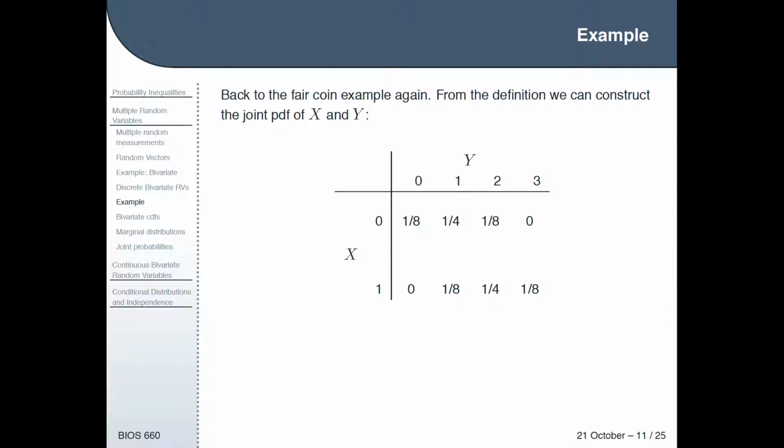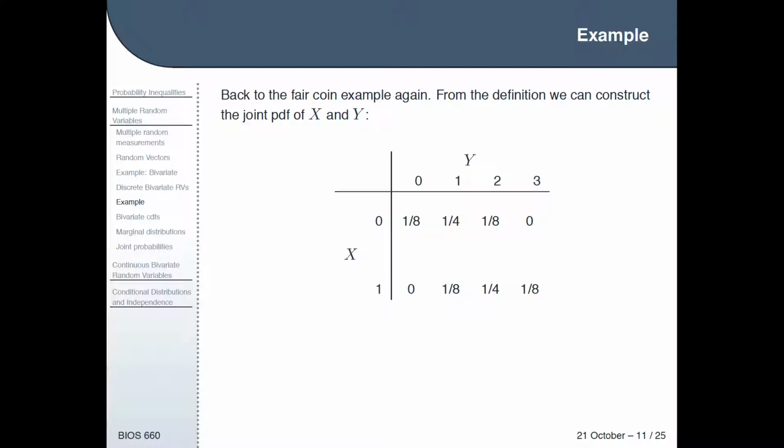Y equals 2 is 3/8, etc. You may recognize that's just a binomial distribution with n equals 3 and p equals 1/2, which, again, it should be because we're just tossing a coin 3 times, counting the number of heads, which is the same sort of thing as we get for a binomial. It's exactly the same, so we would expect that to have a binomial distribution.